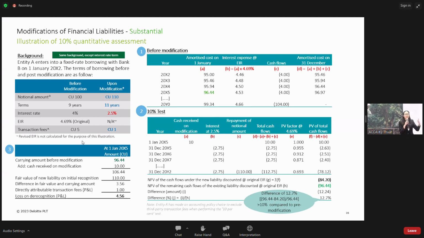Now, we can do the same for receivables as well, like loan receivable. Maybe I want to share a little bit. In Malaysia, during COVID, the authority issued a document saying that for FDIs, the banks would provide a moratorium to the end customers.